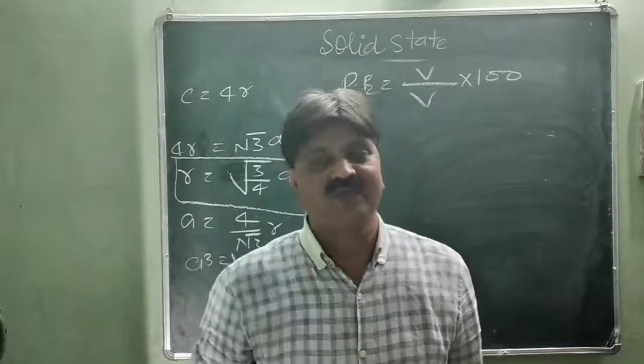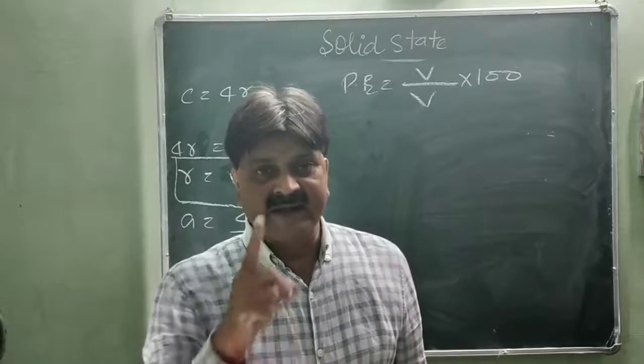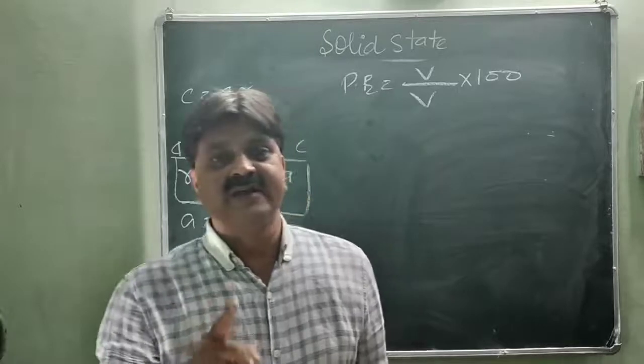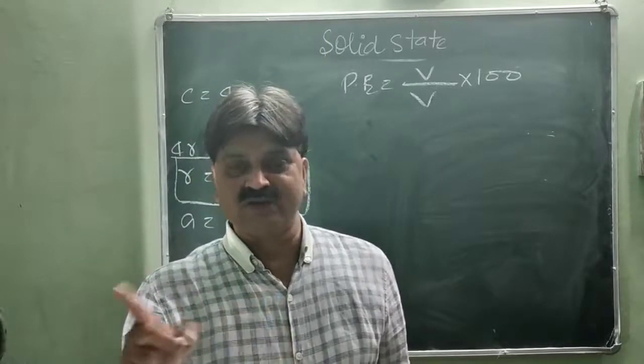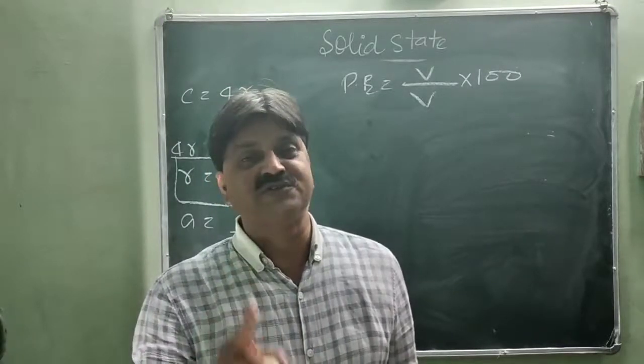This is 2. One from the body and 8 atoms present at each corner. So participation of each corner atom is 8 into 1 by 8, plus 1. So 8 cancels, 1 plus 1 is equal to 2. So total number of atoms in BCC is 2.